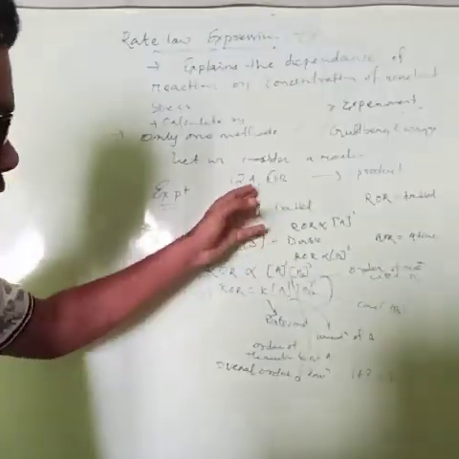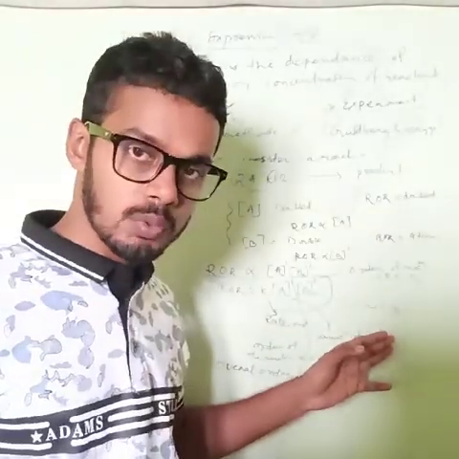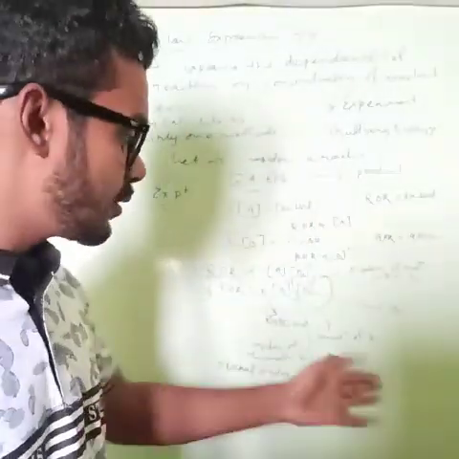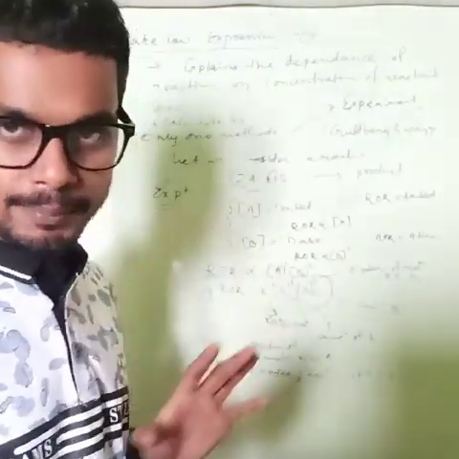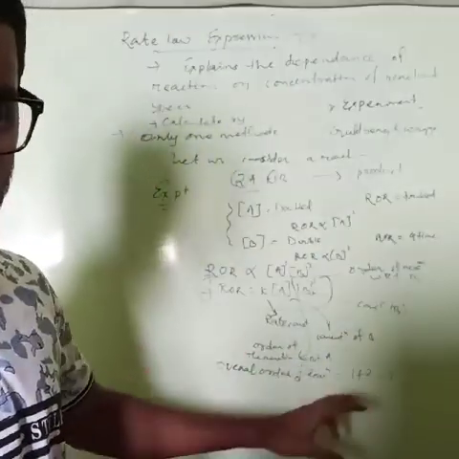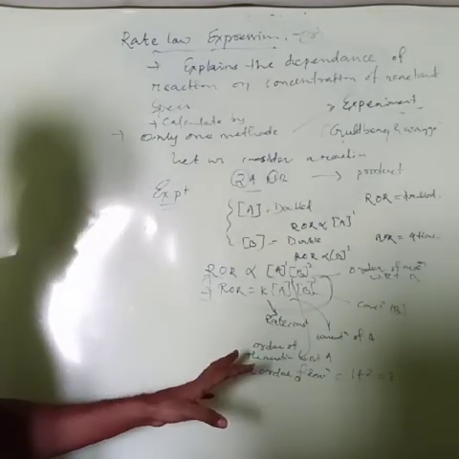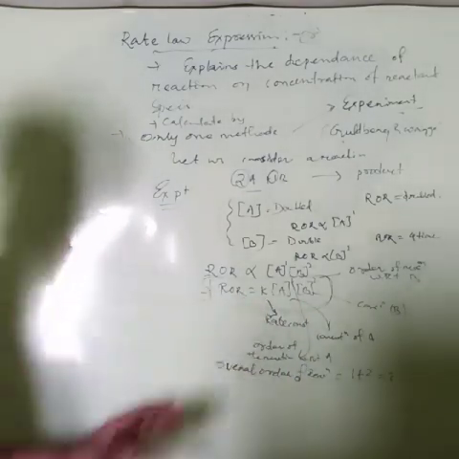So for this equation, what is the order of reaction? If someone asks you, you can say this is a third order reaction. Okay, third order reaction. Am I clear?